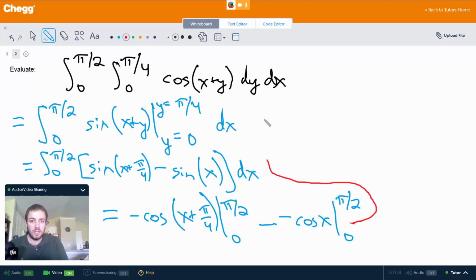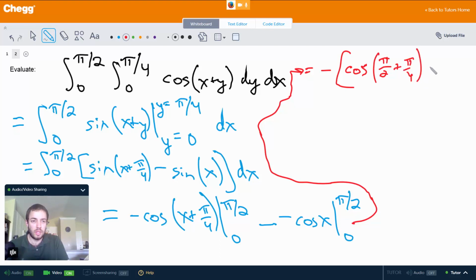We're going to come up here, and then we're going to get that this equals, so minus, then we have cosine of pi over 2 plus pi over 4 minus cosine of 0 plus pi over 4, which is pi over 4. And that says cosine.